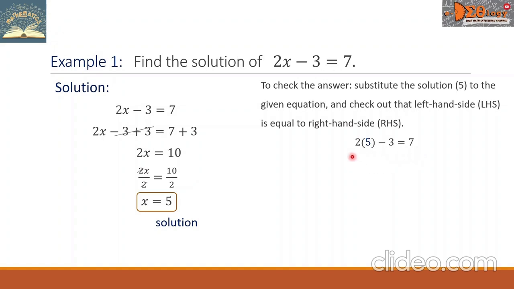Let us simplify the left-hand side. 2 times 5 is 10, then minus 3. The difference is 7, which is equal to the right-hand side. Since the left-hand side equals the right-hand side, we conclude that 5 is the solution of the given equation.